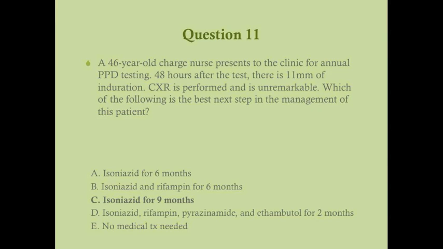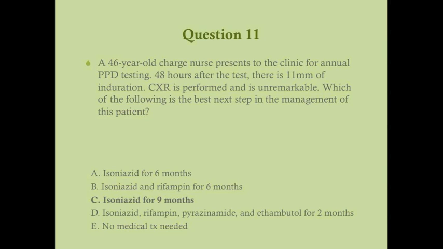Isoniazid for 9 months. So this patient has what's considered to be latent TB. We did the chest x-ray to see if the patient has active tuberculosis. Certainly she's asymptomatic, but nevertheless, you can be asymptomatic and have active TB. So we do the PPD test, and it's positive, so we know she has TB, but the question is whether it's latent or active.